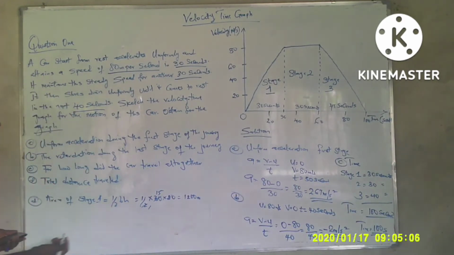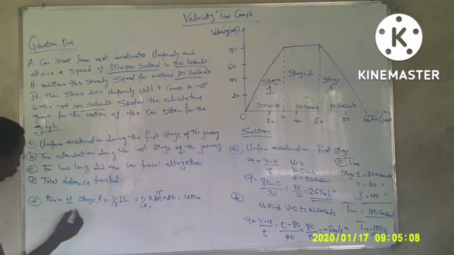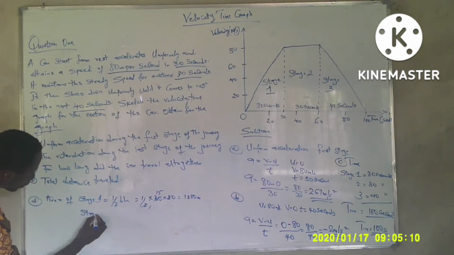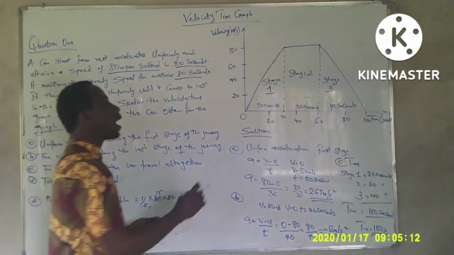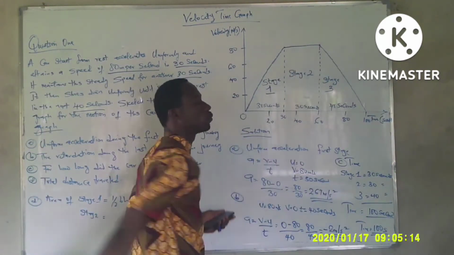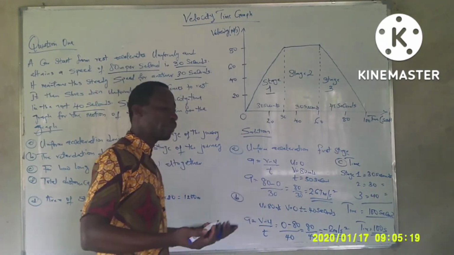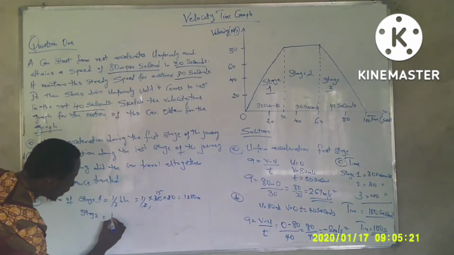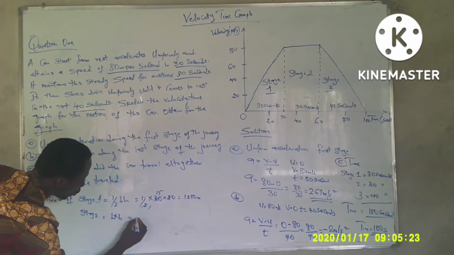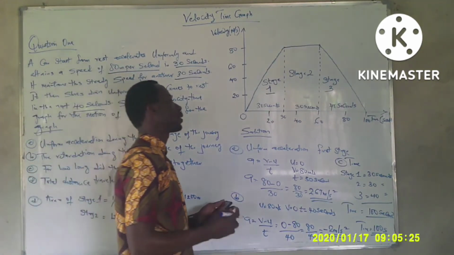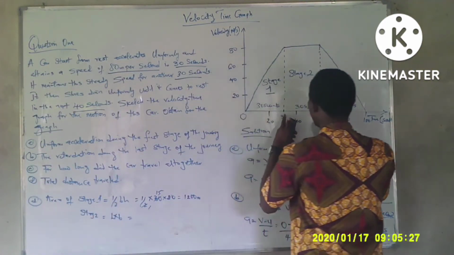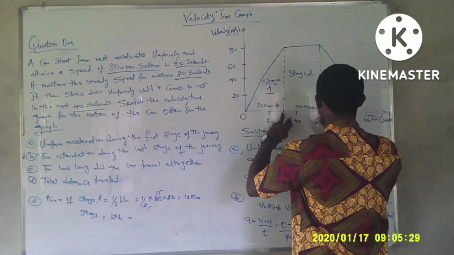distance. Now stage 2 distance. Stage 2 actually has the shape of a rectangle. What is the area of a rectangle? Length times breadth. So stage 2 is length times breadth. What is the length and what is the breadth? This is the length, the difference between here and there, which is 30.